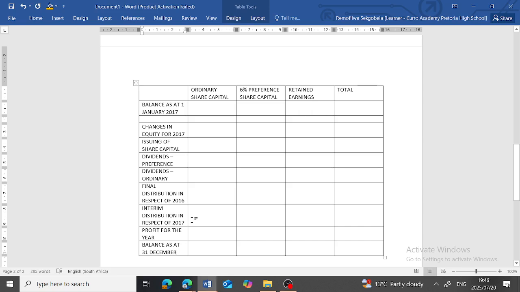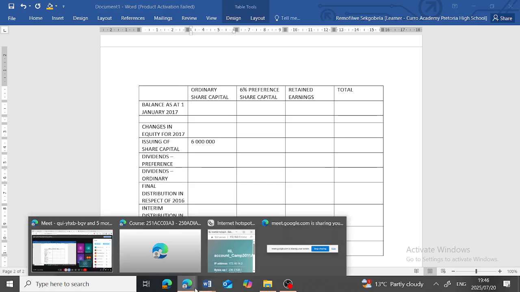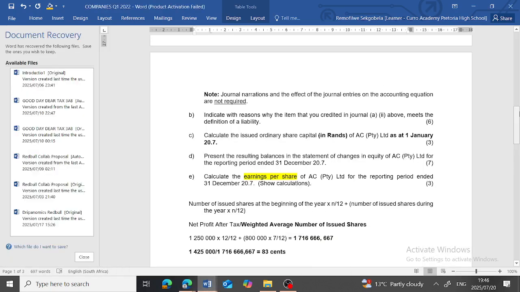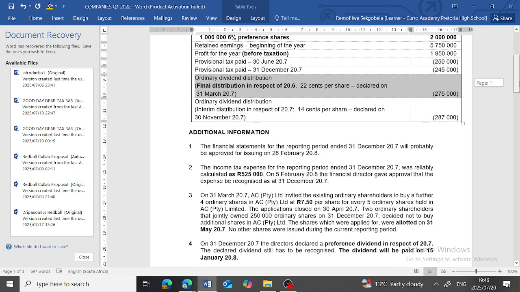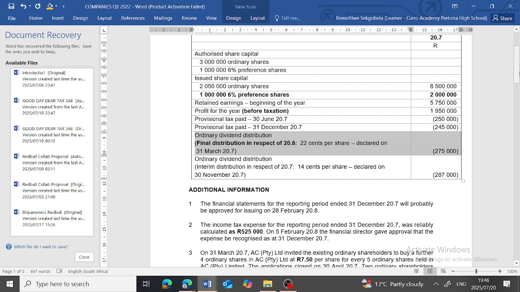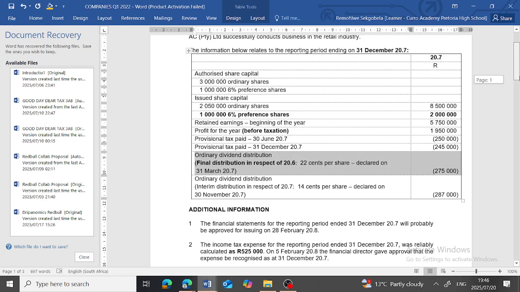During the year, the number of shares issued was 6 million. Remember, we calculated that. At the beginning of the year, how many shares? We are told that at the end of the year we have 8,500,000.